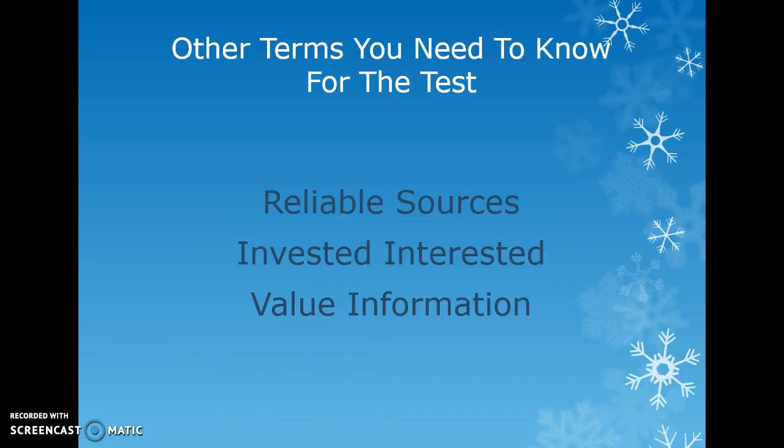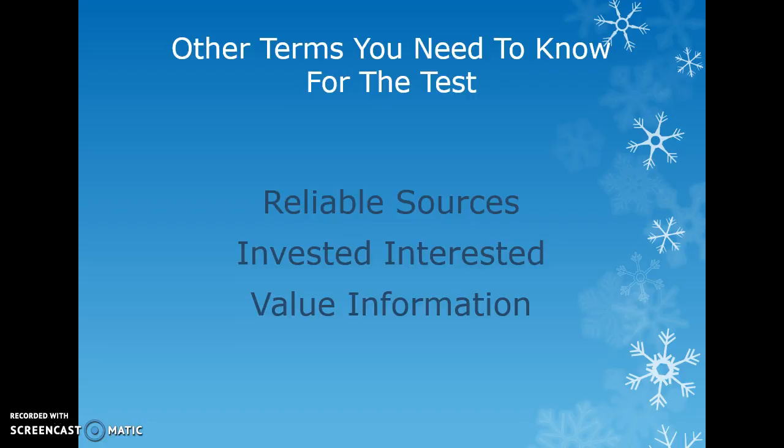So other terms that you may need to know for this test is reliable sources. Reliable sources is a tricky one. If you're looking into a medical issue, a reliable source may be on a government website like the CDC. You could look up your symptoms as far as your health. But if you throw your symptoms into Google, you're going to get a lot of unreliable sources.